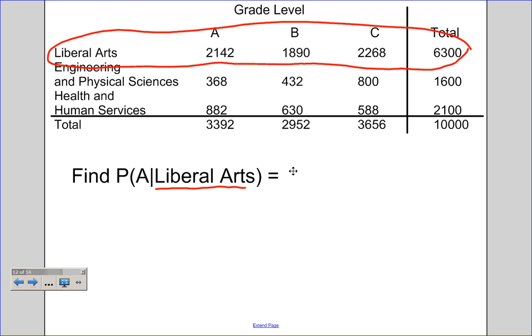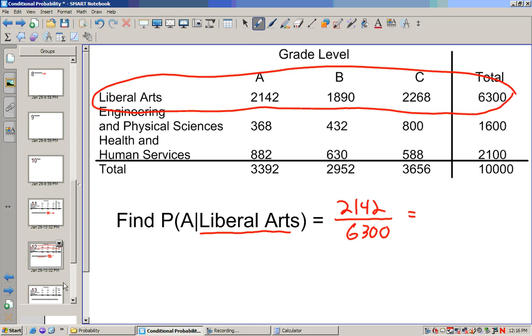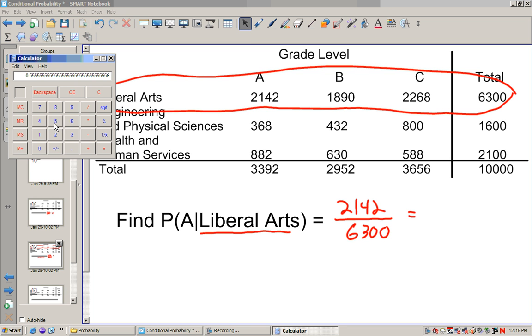So 6,300 is the total amount of people. So the probability they got an A out of those is 2,142. So if I take out my calculator, 2,142 divided by 6,300, that's 0.34.